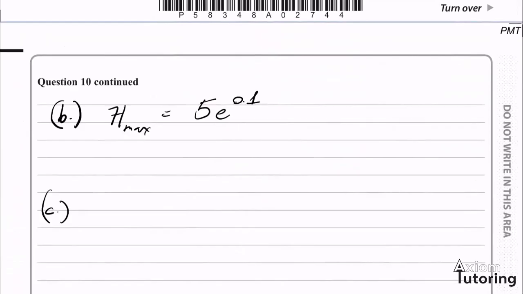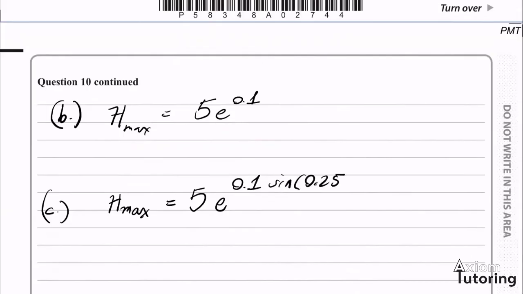From part B, we found that the maximum height is equal to 5 times e to the power of 0.1. So we know that this is h max, but we now want to find h max for the second time.